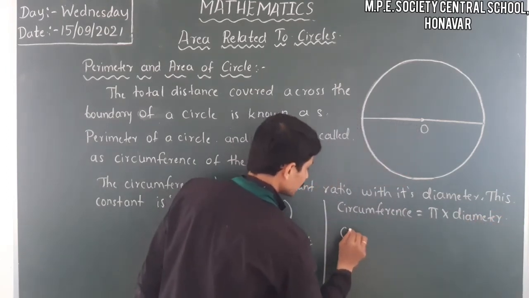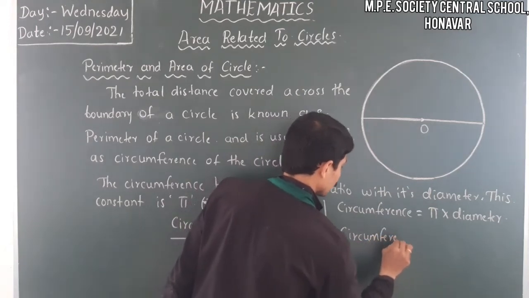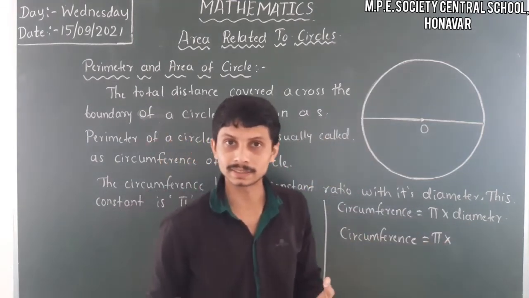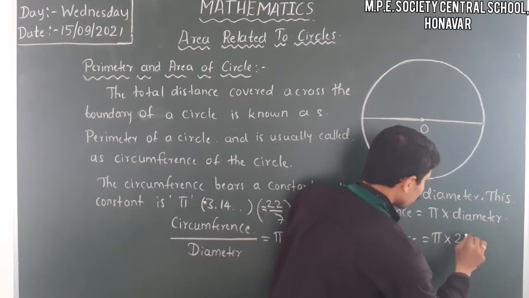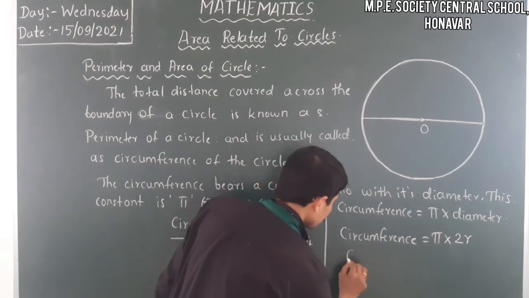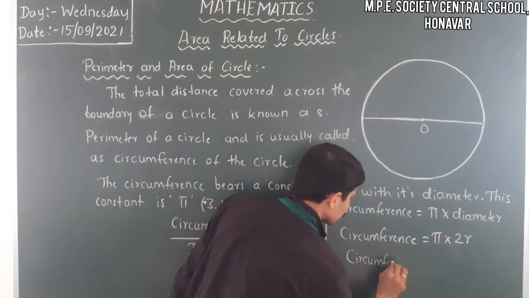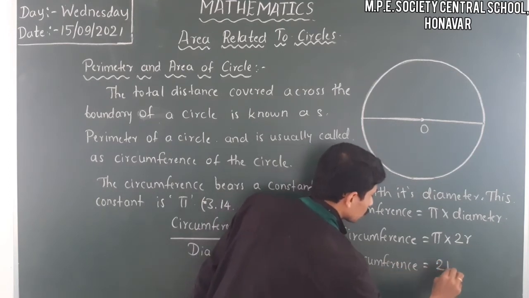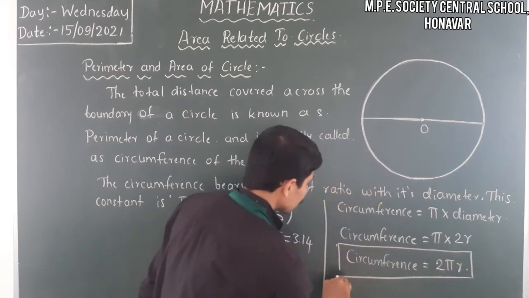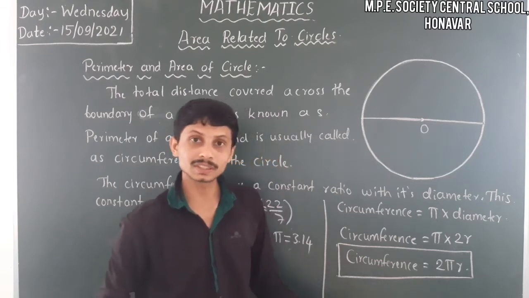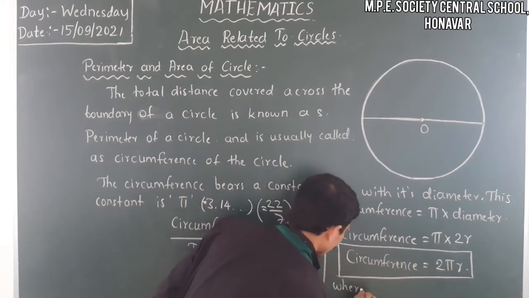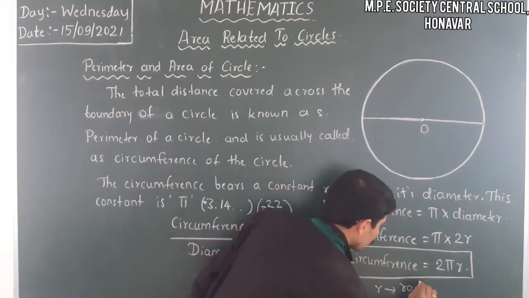We already know that the diameter is 2 times the radius, so we can write 2r in place of diameter. So the circumference of the circle is equal to 2 pi r. This is the formula to find the circumference of a circle of radius r, where r is the radius of the circle.